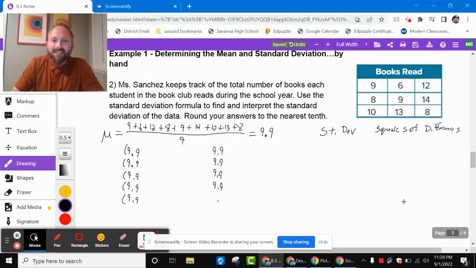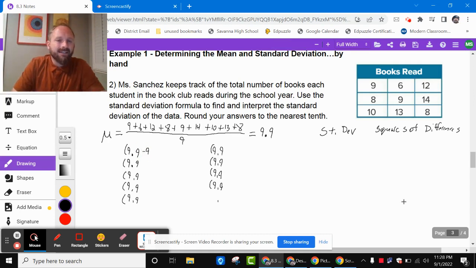Now I have the mean, but what I have to do now is find the difference. Hey, what's the difference between 10 and 9? The answer is 1. So what's the difference between the mean and each of these numbers?